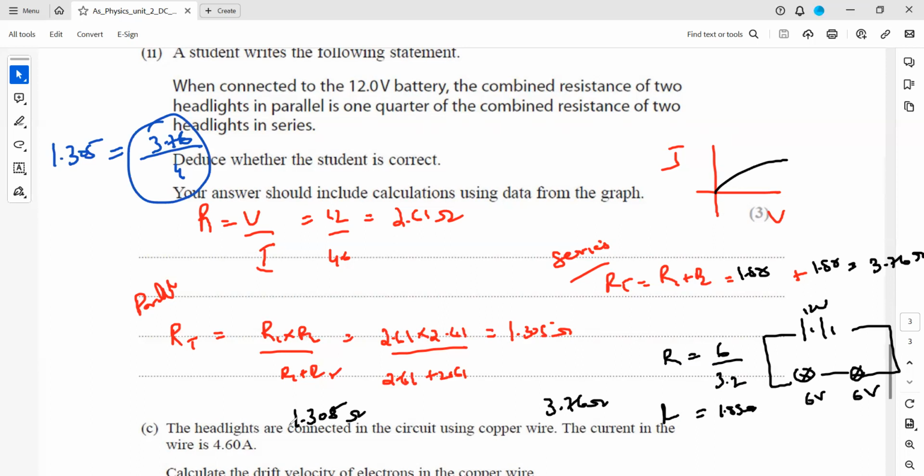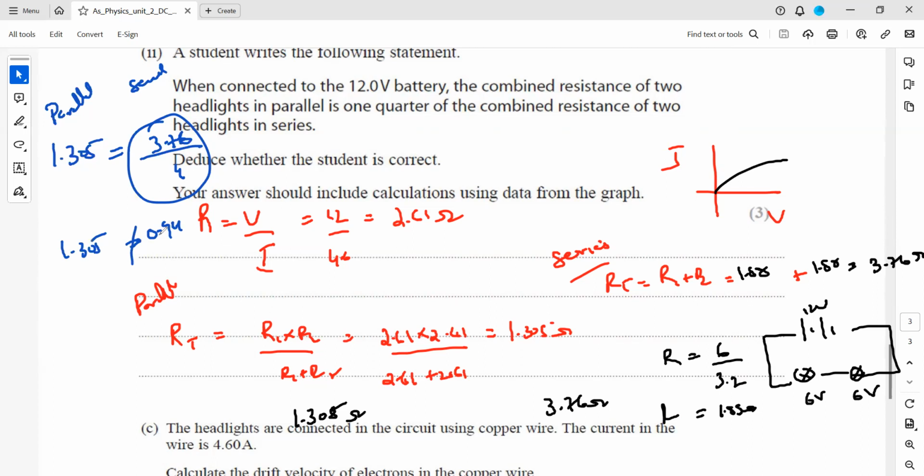3.76 divided by 4. What's the answer? This was parallel and this is series. It is 0.94. So 1.305 and this is 0.94. So this does not match the statement. So the student statement is not correct.